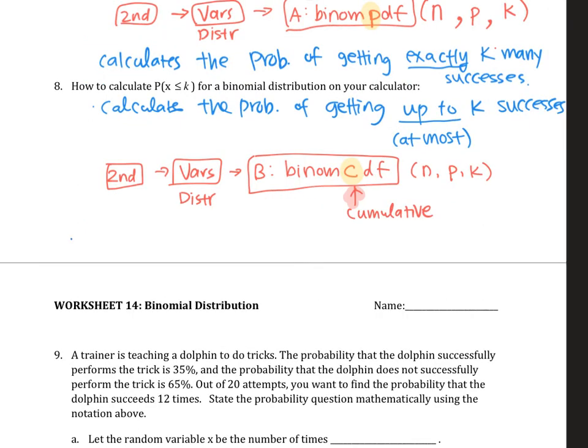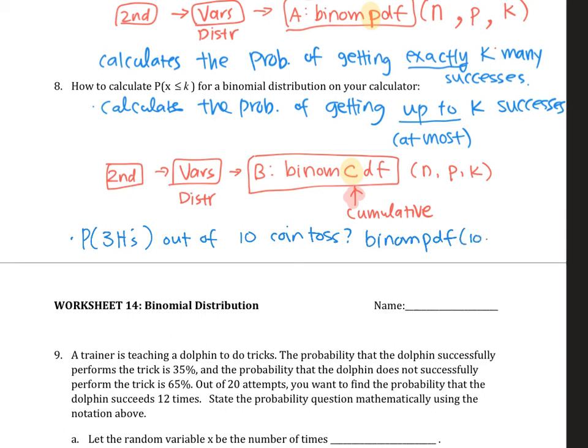So if I were to calculate the probability that we get 3 heads out of 10 coin tosses, here I'll be using the binomPDF function because I want exactly 3 heads.